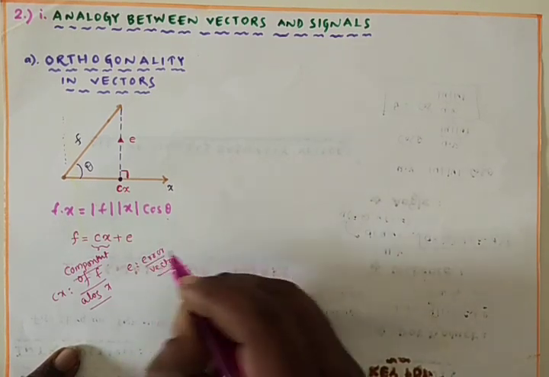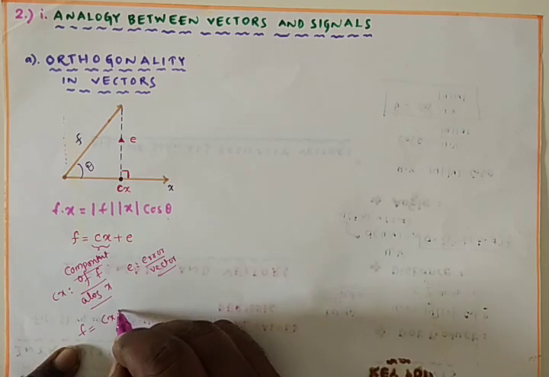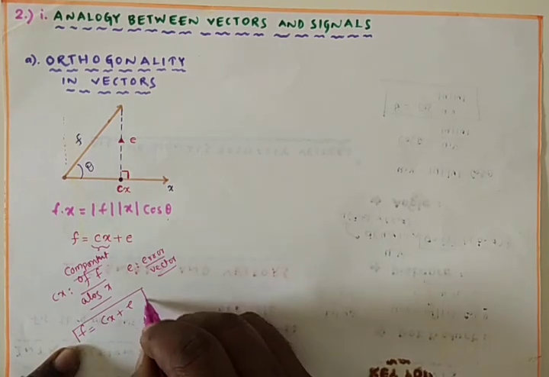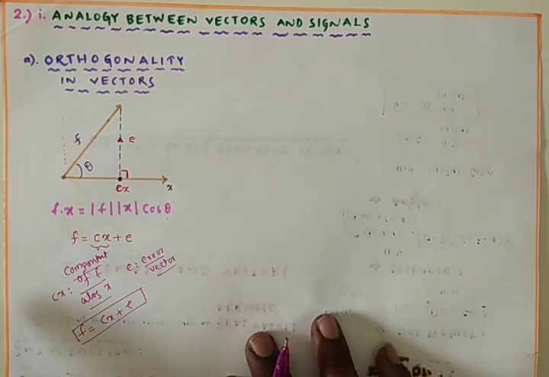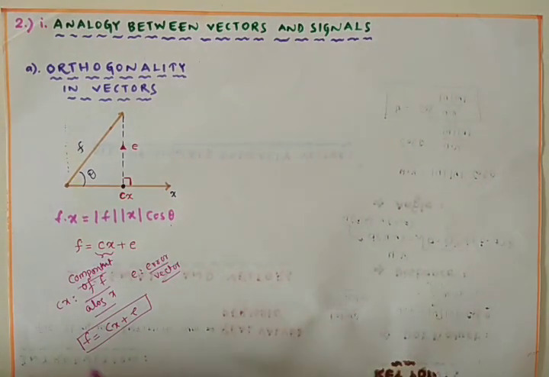Due to the sum of these two, we are getting f is equal to Cx plus E. This is one point to be noted. That means we have represented f with its component and error vector.